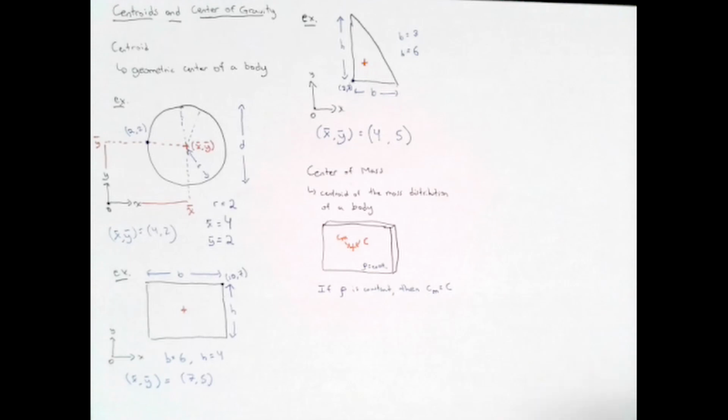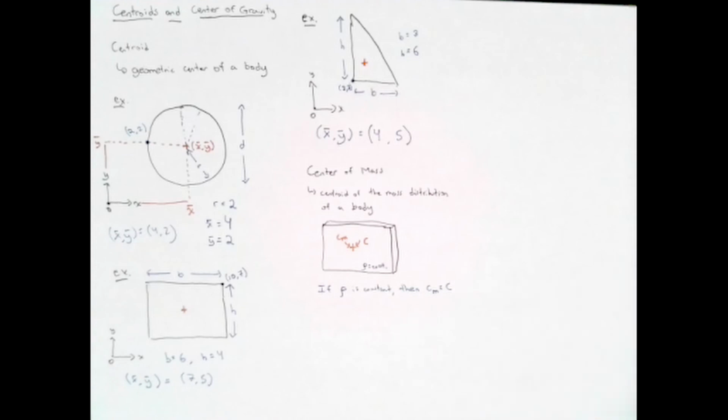And when that happens, the center of mass and the centroid will not be located in the same place. Now, there are a couple of interesting things about the centroid and the center of mass that we're going to learn as we work on this particular topic.